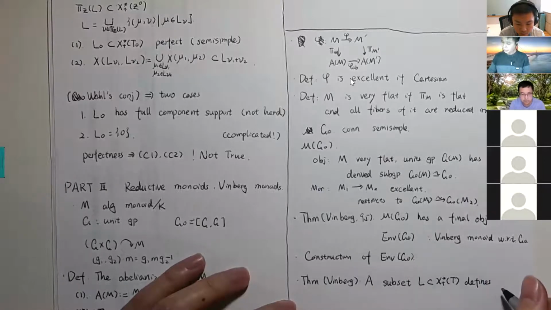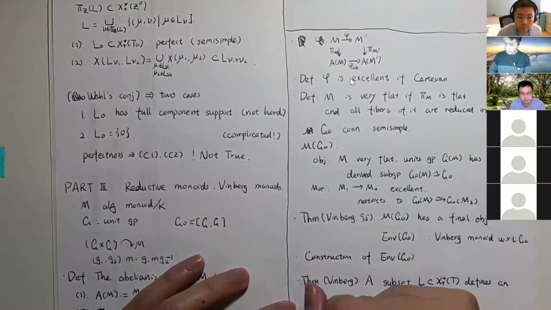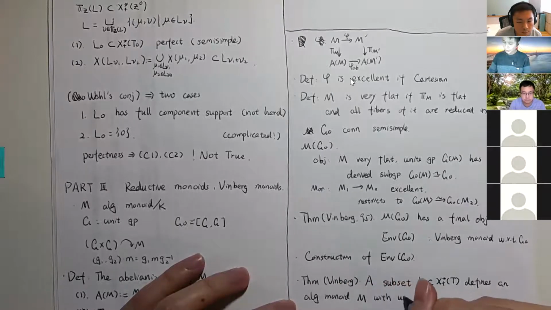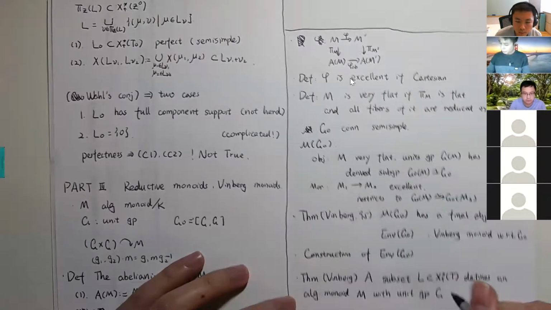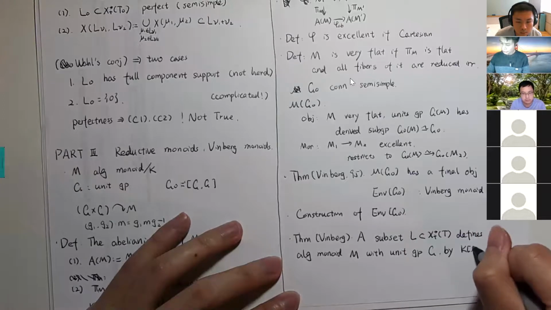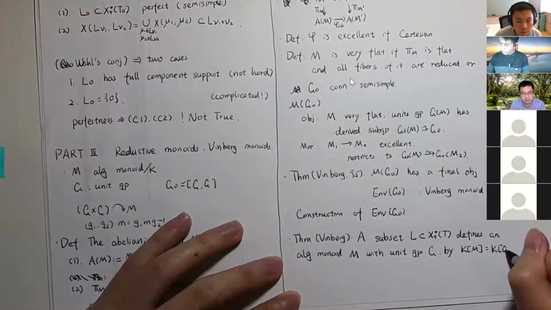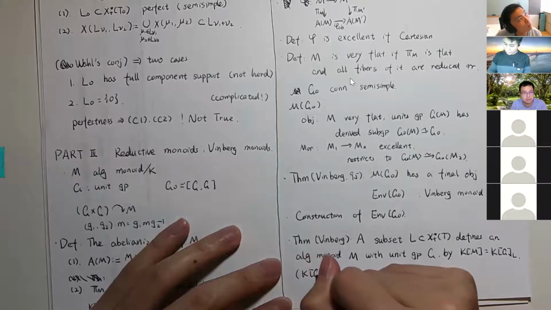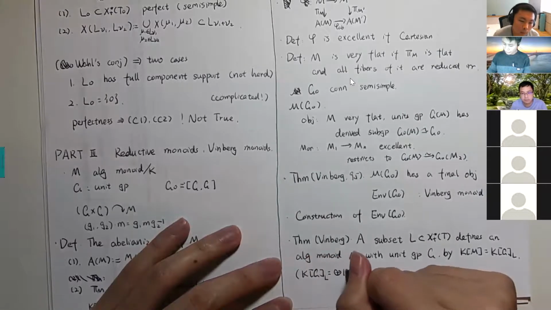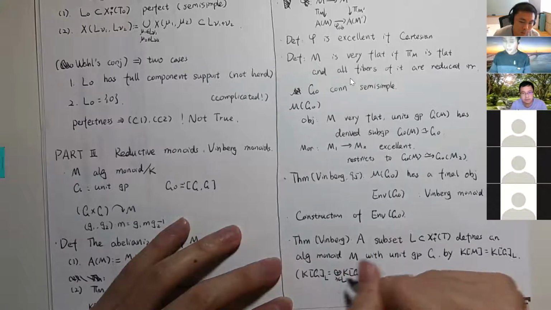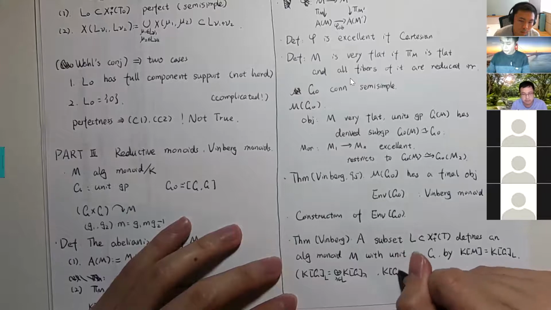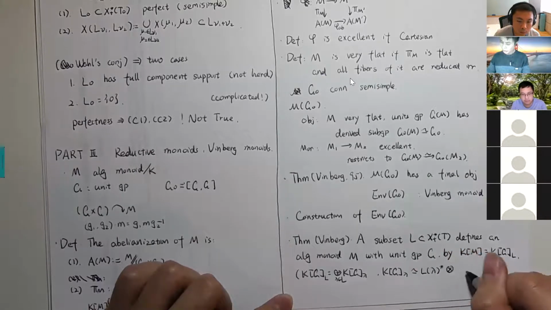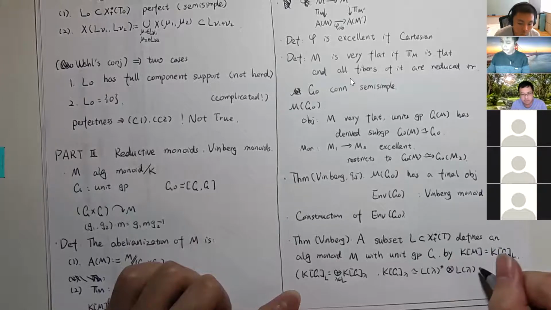A subset L of dominant weights defines an algebraic monoid M with unit group G by this equation: KM is equal to K G of L. Here this K G of L is a direct sum of those K G lambda for lambda in L. And this K G lambda, where lambda is a dominant weight, is actually isomorphic to the tensor product L lambda star with L lambda.